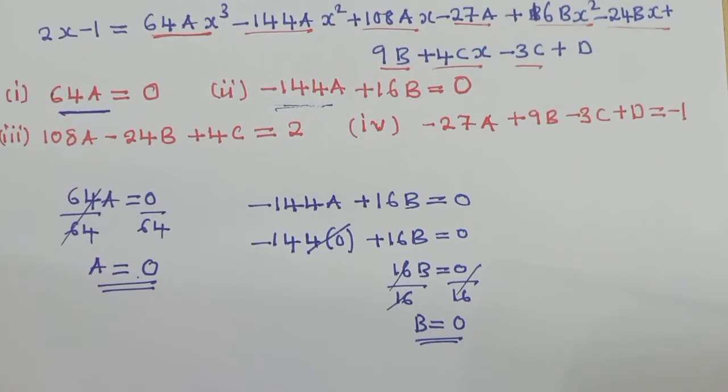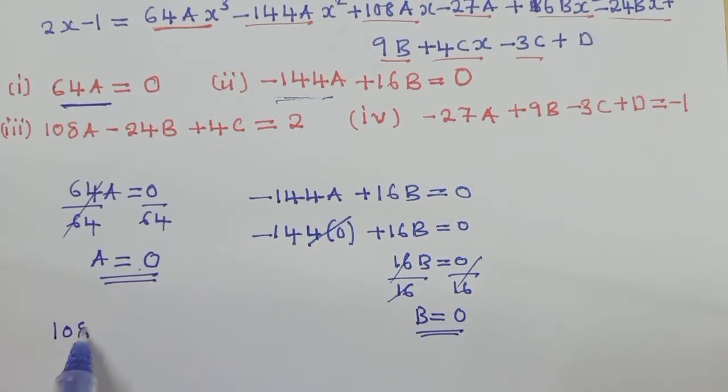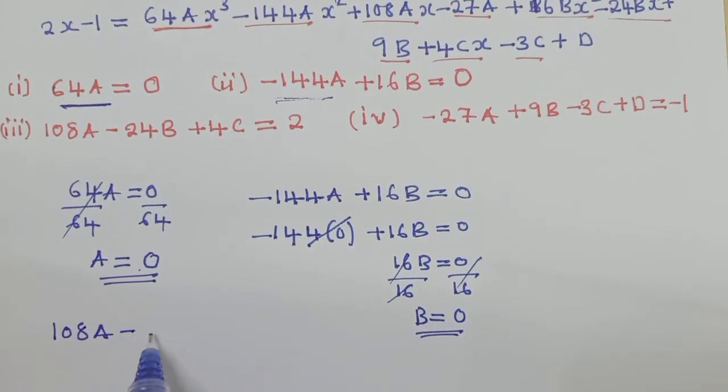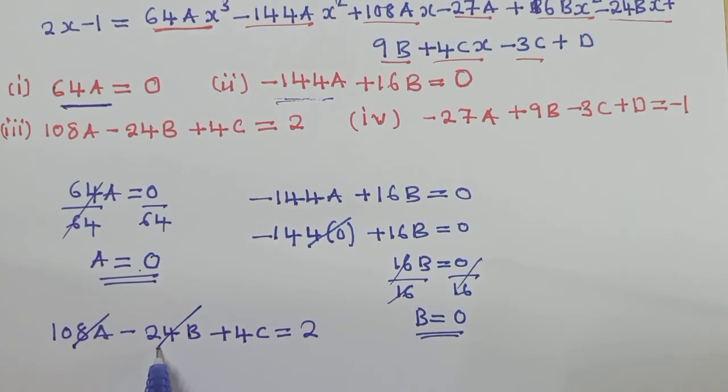So now since b is equal to 0, we can come to this other equation. So say 108a minus 24b plus 4c will be equal to 2, this one. So now we put 0. We know that this is 0. This will just be a 0. And if you put a 0 here, this will also be a 0.